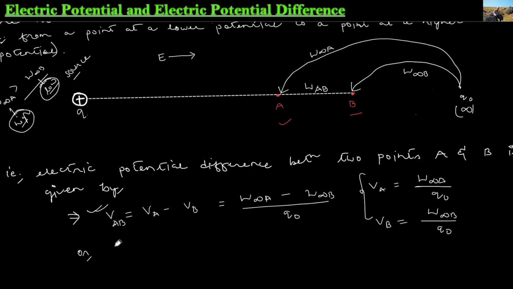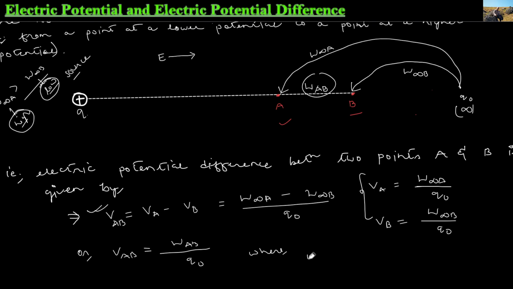Or you can write it in another format, VAB equals WAB divided by Q0. What is this WAB?